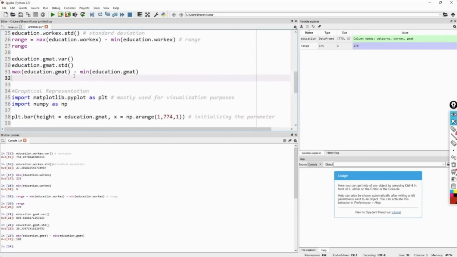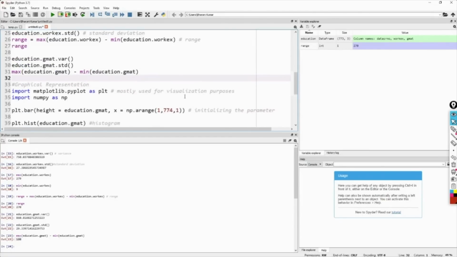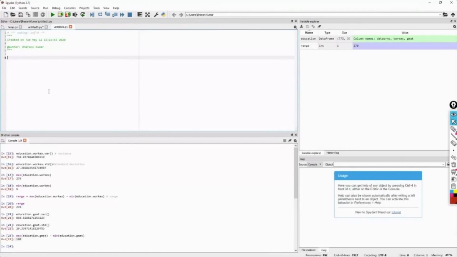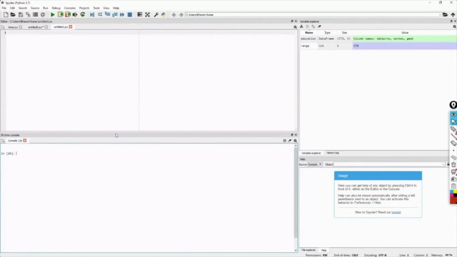Okay. Plots. Even before I go to plots, as I've told you, there are certain packages or libraries within Python. One should be aware of all of these to learn Python well. Number one, you should be aware of a library called NumPy. NumPy is used to perform numerical calculations.